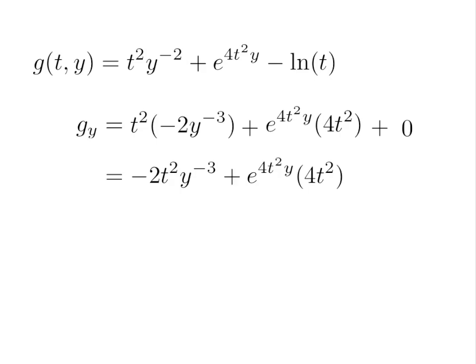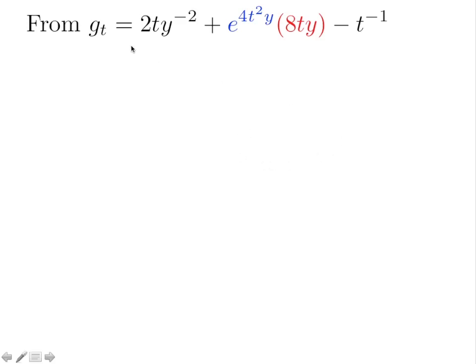Now let's move on to the second partials. For the second partial, from what I have earlier for partial g, partial t, I'm going to change the color of the middle term because now not only do you have the chain rule for e to the 4t squared y, you have to apply the product rule as well. So I'm going to use a blue color and a red color here to separate the two functions, e to the 4t squared y and 8ty.